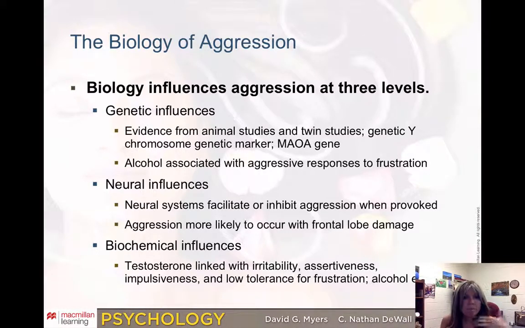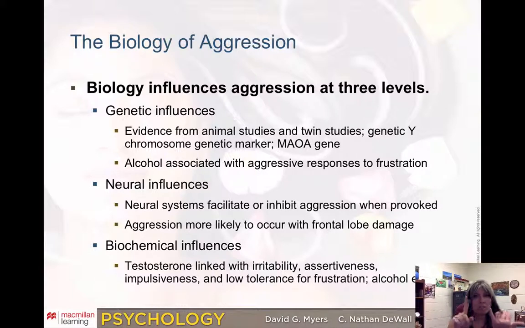And we know it because we've stimulated rats, and you can stimulate them and they will become vicious, they will attack their own children, their rat pups. If you knock out that part of the brain, they won't even defend themselves. So we know there's an anger area, a neural substrate in our head that may be responsible for it. And for us, it's more likely in the frontal lobe.